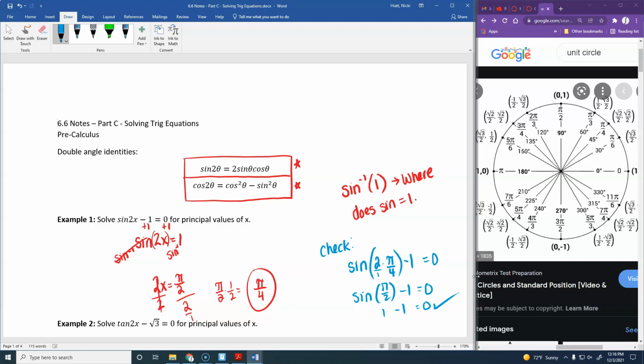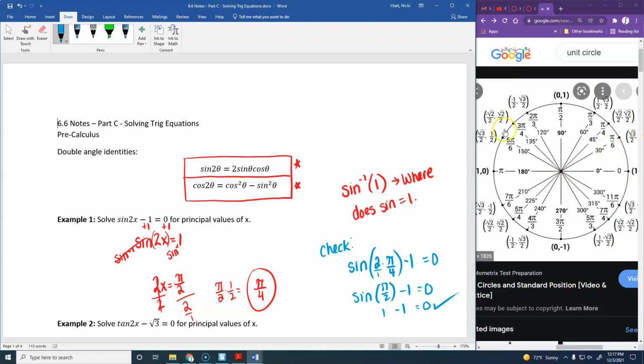Now, whenever we have this happening, there might be things outside of principal values that actually do still work, because basically we took half of this. So if we had another value, we would have to take half of it as well.